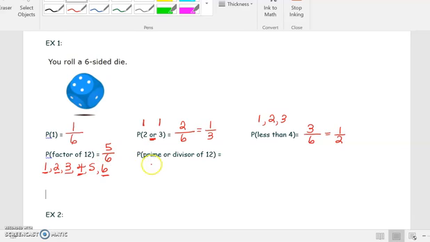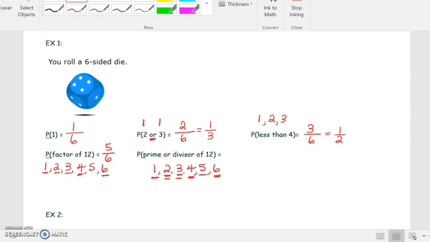For the next one, the probability of rolling a prime number or a divisor of 12. So again, here's our sample space. These are all our possible things that we could roll. Prime numbers. So our prime numbers are 2, 3, and 5. Our divisors of 12: 1, 2, 3, 4, and 6.